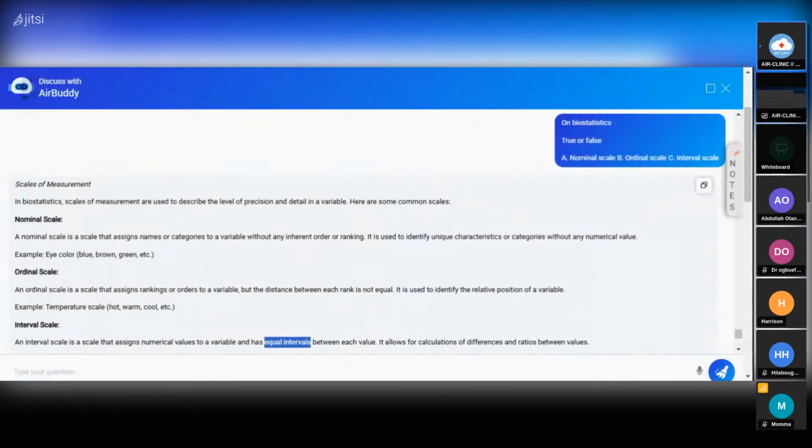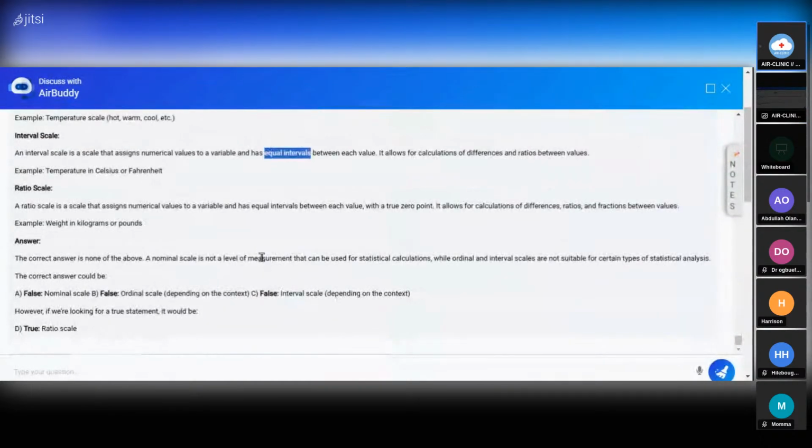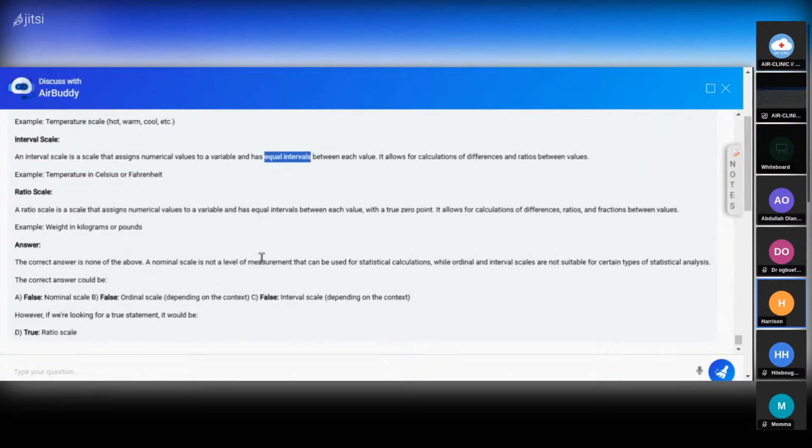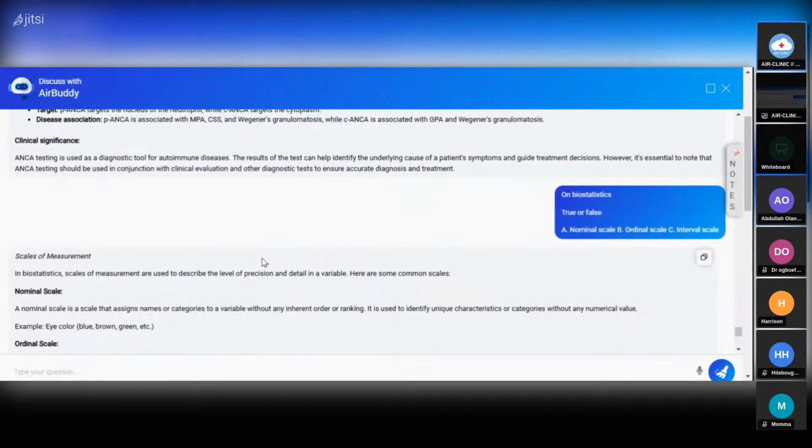So it's actually a nominal scale that will just say whether it's true or false. There's no description, it's just nominal. It's true or false. So I think it's a nominal scale that will just describe this thing as true or false, because there's no interval, there's no number, there's nothing.